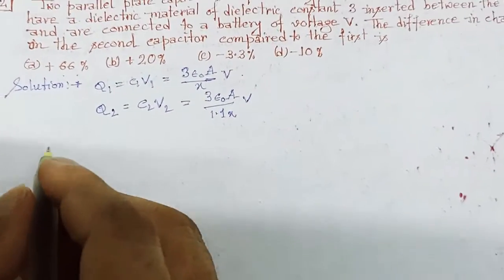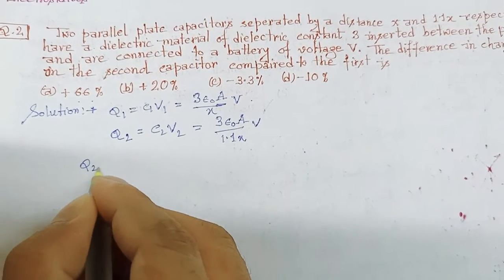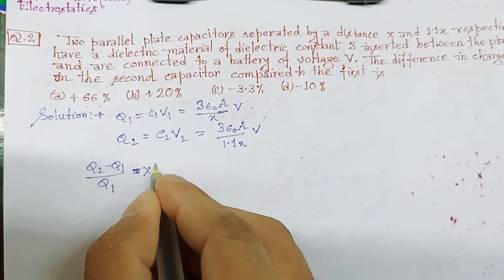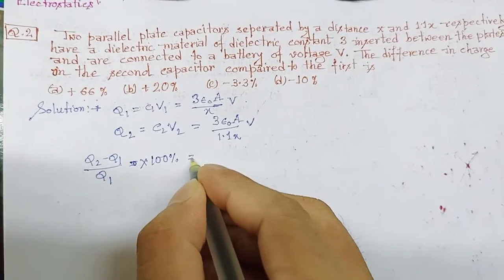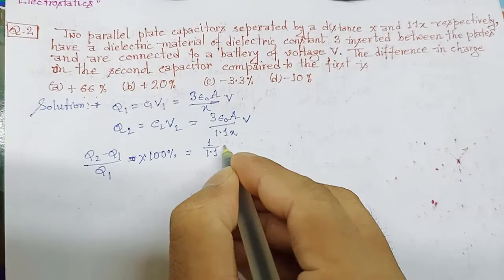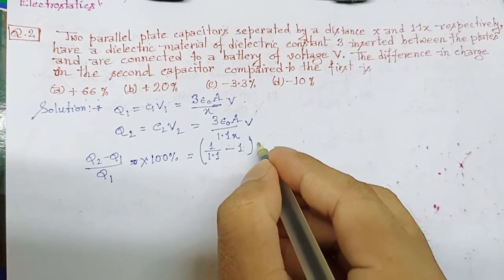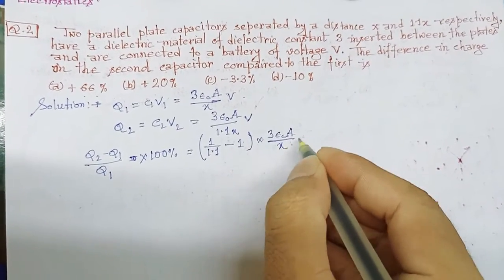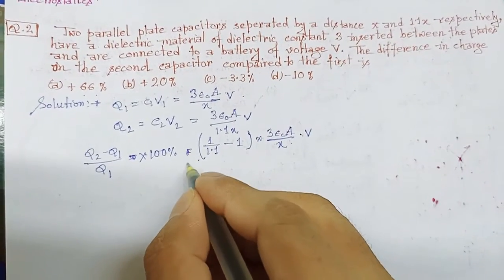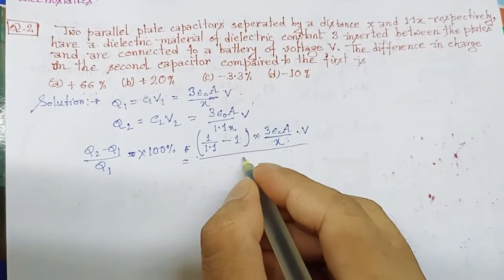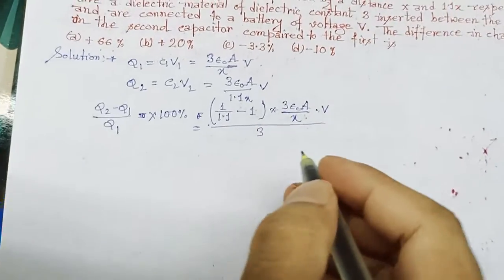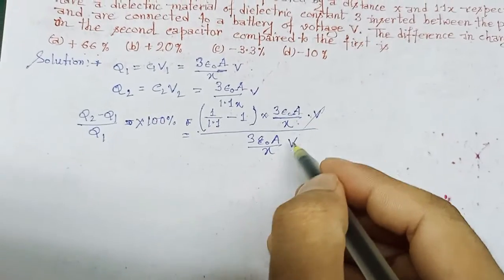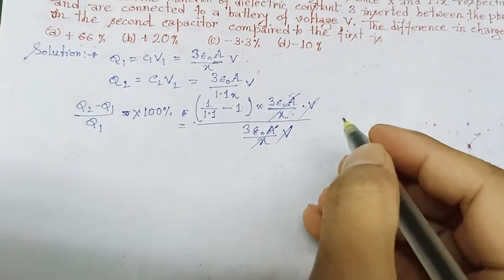Now (Q2 minus Q1) divided by Q1 into 100% will be equal to 1 divided by 1.1 minus 1, multiplied by 3 epsilon naught A divided by X into V, and this is divided by 3 epsilon naught A divided by X into V. Now V cancels and 3 epsilon naught A by X will cancel, into 100%.